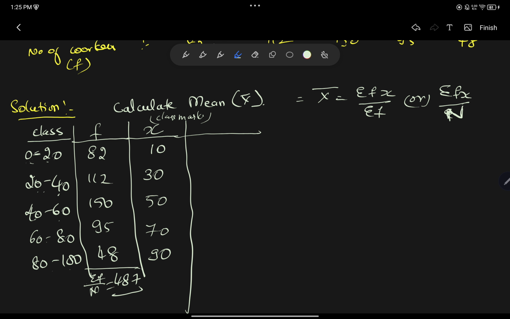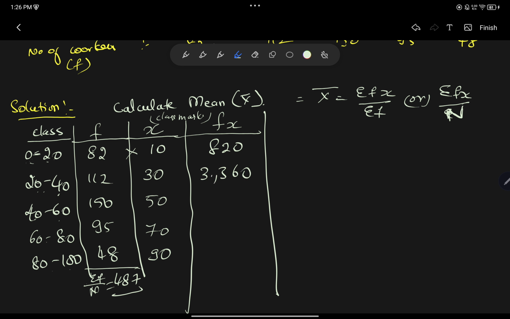Now what do we need to do? fx, that is f into x. 82 into 10 is 820, correct? 112 into 30 is 3360.